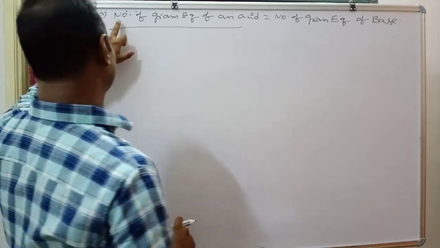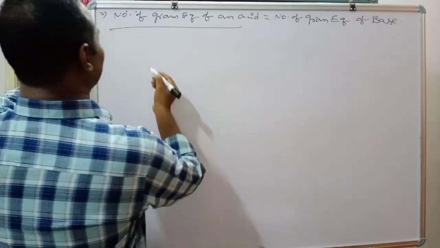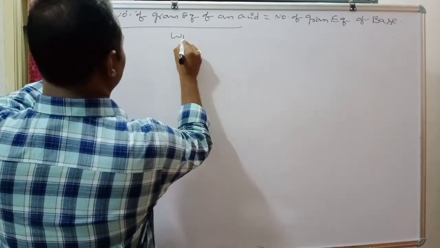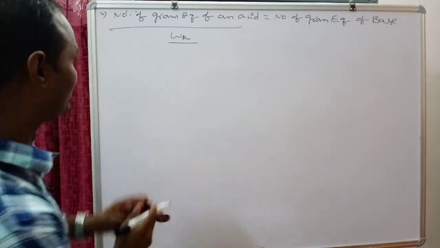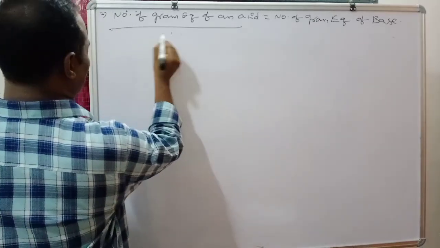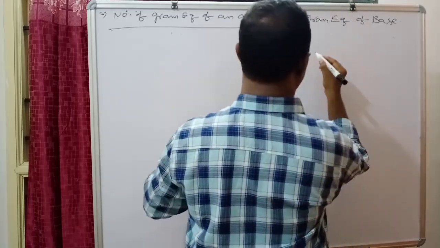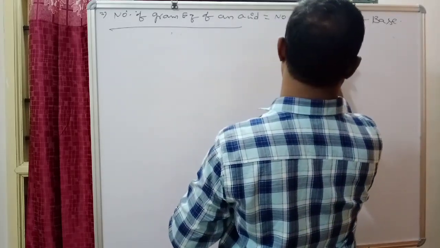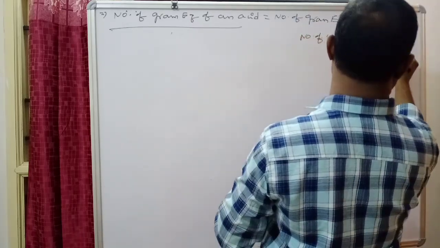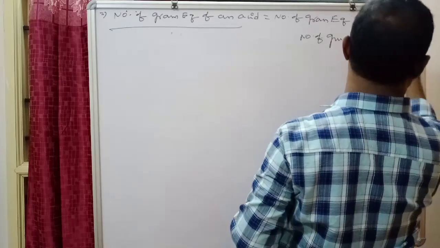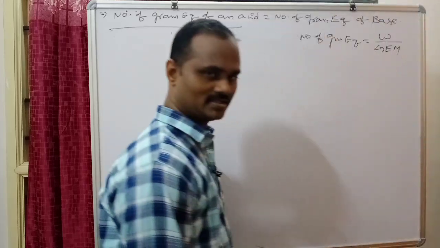Based on this point, once again you see, sir, the number of gram equivalents of acid equals the number of gram equivalents of base. Acid means, mass of acid Wa. Before going to this, recall the number of gram equivalents is equal to mass of substance by its gram equivalent mass.